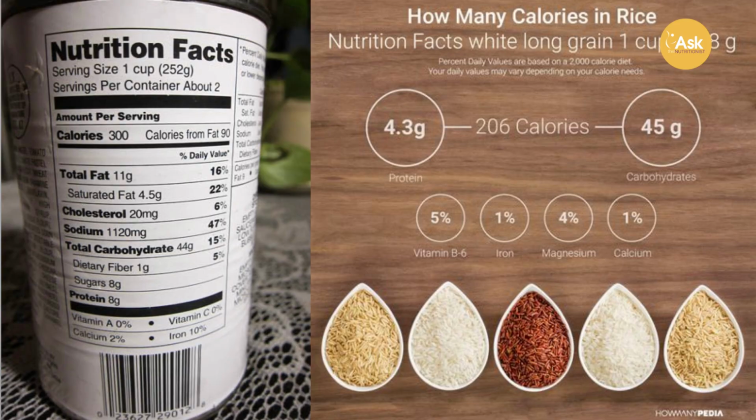So that sounds quite easy, right? In case you're eating processed food or food that is already packaged, you can read the food label on the package and calculate the amount of carbohydrates that you're consuming.